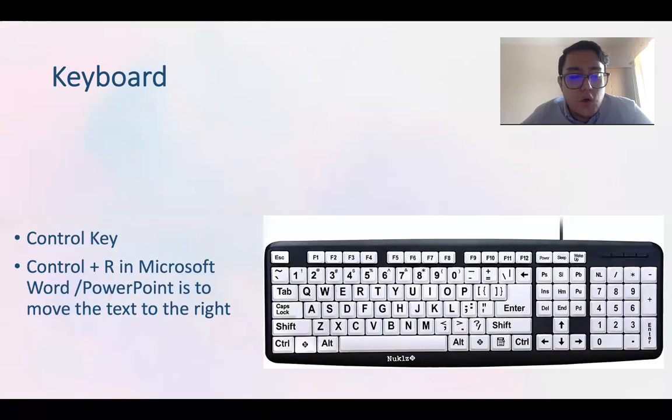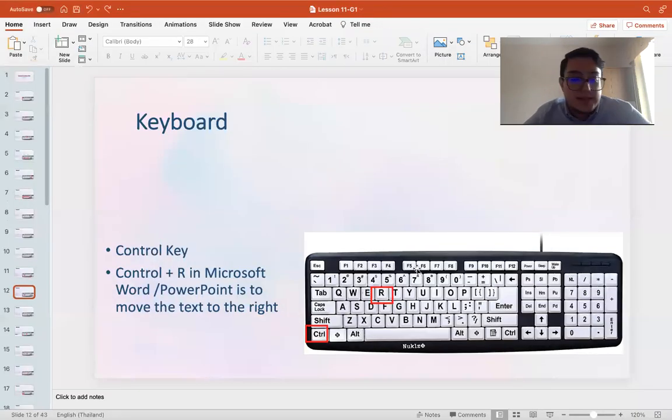Next, we have Control R. Same, you press and hold Control, and then press R. So what this does in Microsoft Word or PowerPoint or any other program that might need typing in it is move the text to the right side.